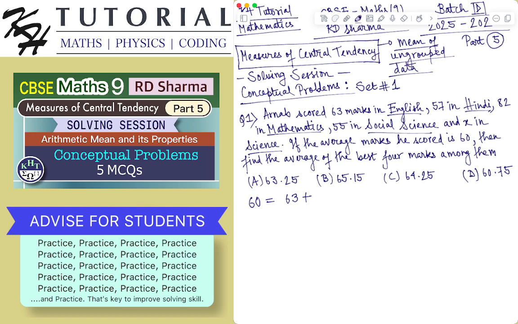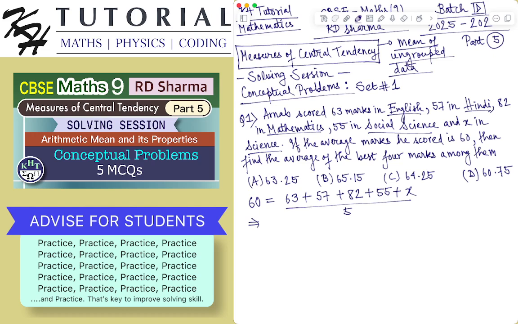So we have 63 plus 57 plus 82 plus 55 plus X, all divided by 5 subjects. We can easily solve for X, as this is a linear equation in X.